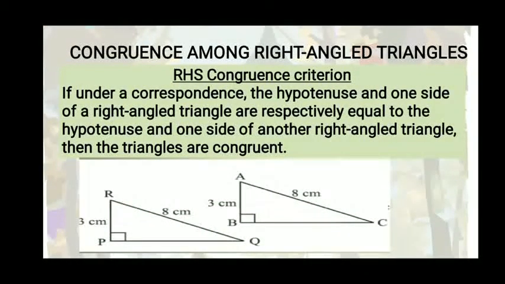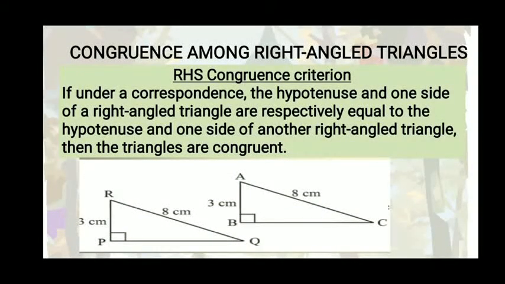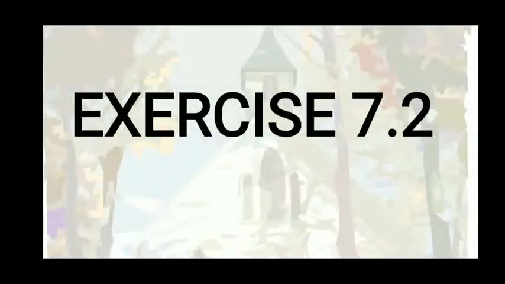Yes, RQ and AC are equal because both are 8 centimeter each. And of the perpendicular arms, either RP and AB or PQ and BC should be equal, any one of them. Here RP and AB are equal, both are 3 centimeter each. Therefore the triangles are congruent by RHS congruence criterion. This is how RHS works.